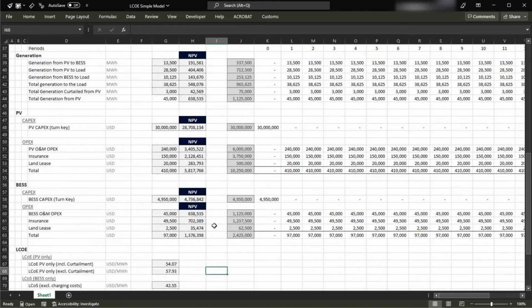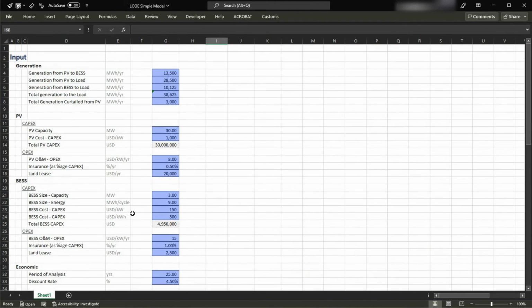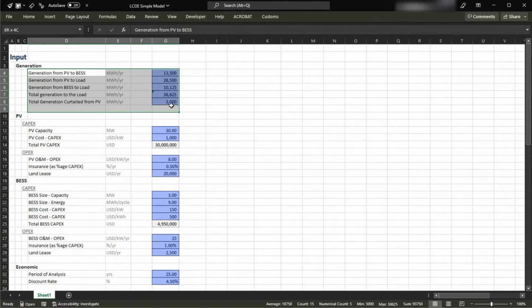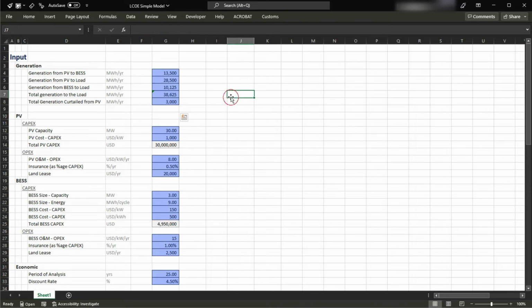First, if you go above here and look at all the energy streams, the BESS to load is 10,125 megawatt hours per year. However, the charging energy going into the battery is 13,500 megawatt hours per year.